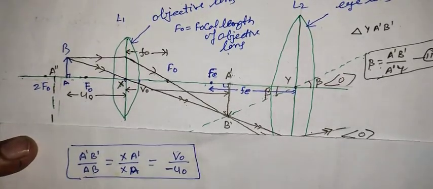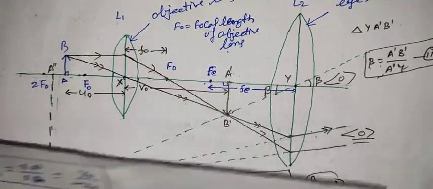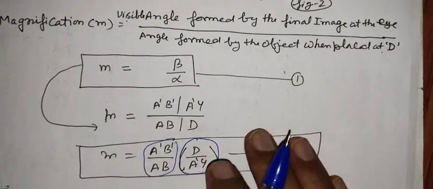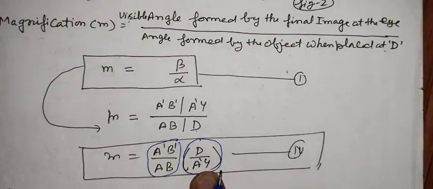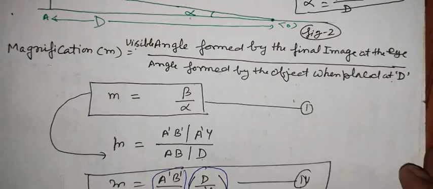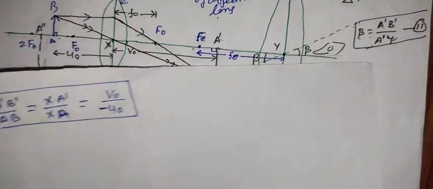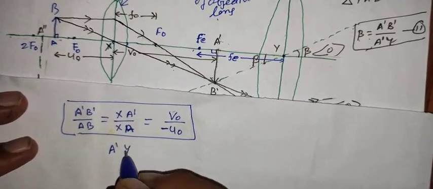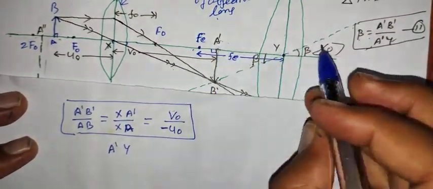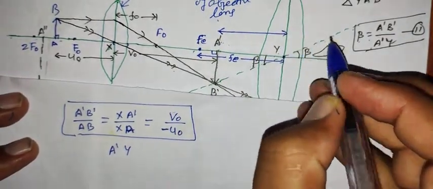One thing. Second, here in the formula, D is the least distance of distinct vision, but we need A dash Y. For A dash Y, see in the diagram: here is A dash and here is Y. A dash Y is this.